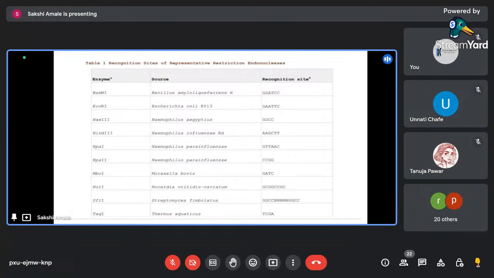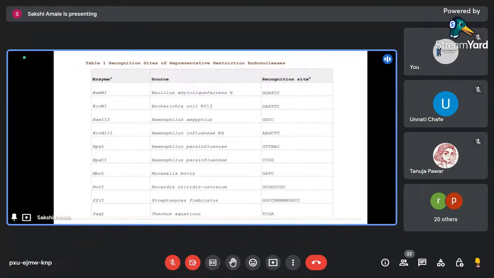So here are some examples of recognition sites of representative restriction endonucleases. The enzyme, their source and recognition site are there. In BamH1, the source is Bacillus amyloliquefaciens H, and the recognition site is GGATCC. EcoR1, Escherichia coli RY13, recognition site is GAATTC.